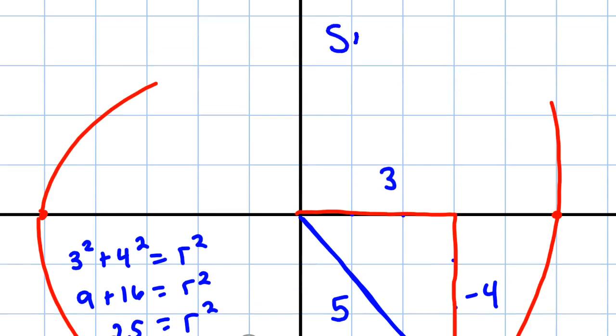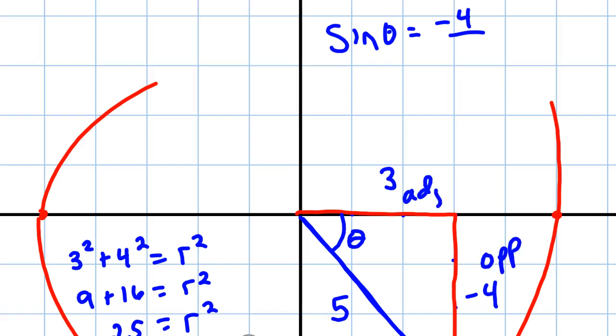So sine theta, because here's theta in our case. We're in the fourth quadrant. Well, sine is -4 over your radius, because this is opposite. This is adjacent. This is hypotenuse. So -4 over 5. Cosine theta, adjacent over hypotenuse. That is positive 3 over 5.